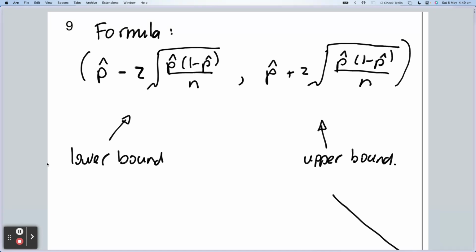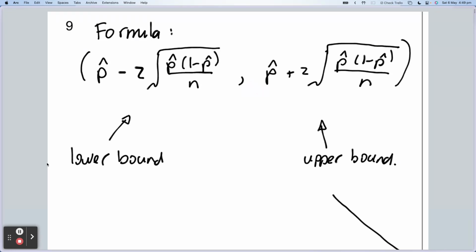So what have we got here? We have got the lower bound, which is given by taking the sample proportion and subtracting z multiplied by this thing under the square root sign, which should look reasonably familiar to you. It's the standard deviation that we looked at before of a population based on a sample.